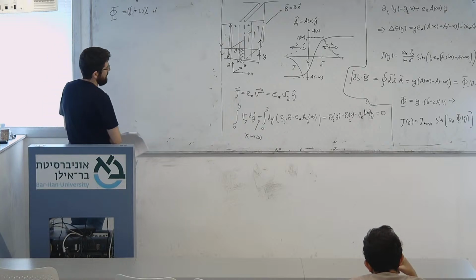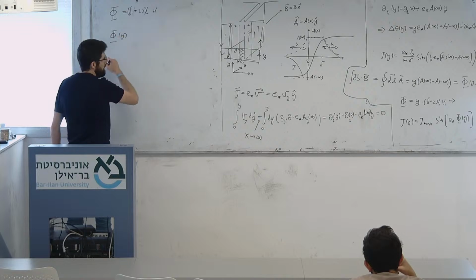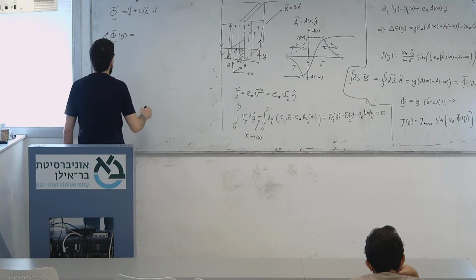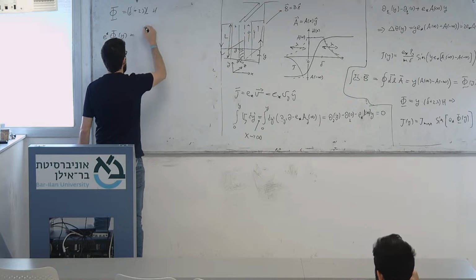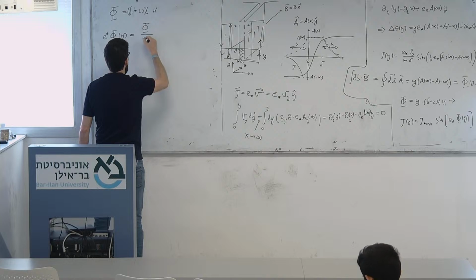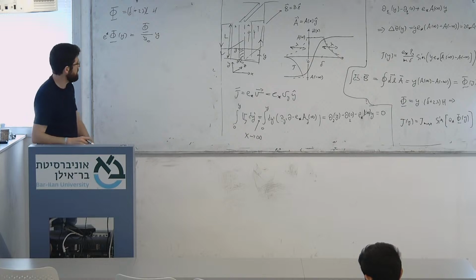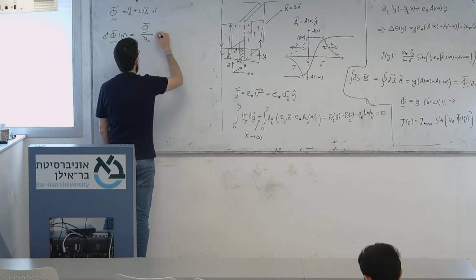And therefore I can write phi of y times e star basically as phi divided by phi naught times y, times 2 pi.